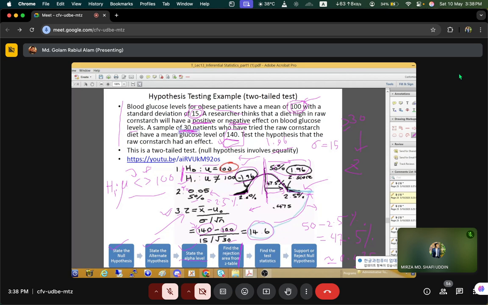It means whatever the researcher assumed, that a diet with high raw corn starch will have a positive or maybe negative effect on blood glucose level, is correct. His assumption is correct. So this is one of the Z tests.